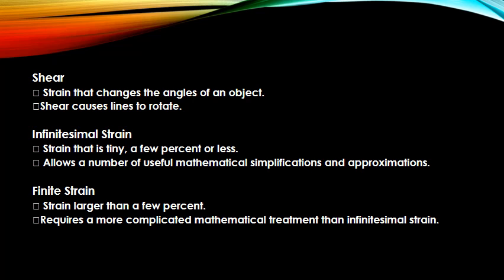The next terminology is infinitesimal strain: strain that is very tiny, a few percent or less, allows a number of useful mathematical simplifications and approximations, and is known as infinitesimal strain.